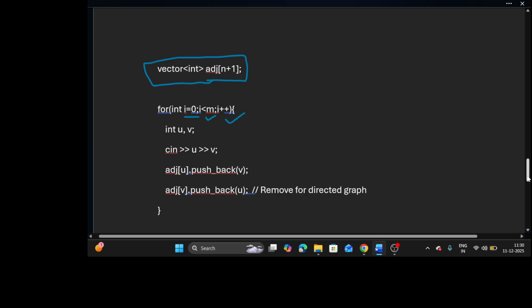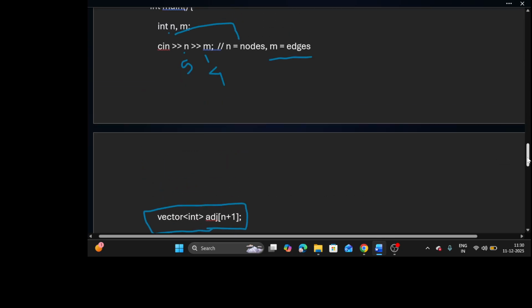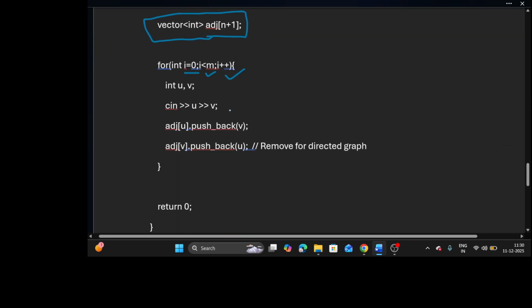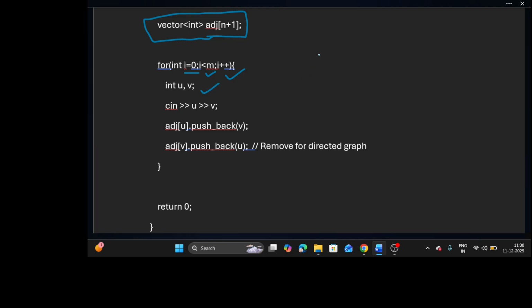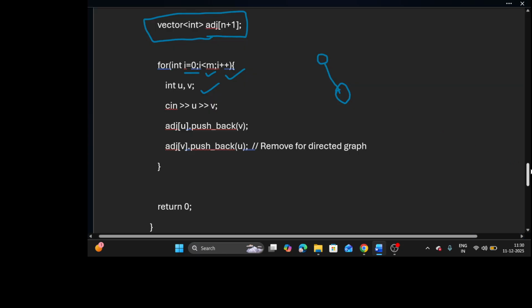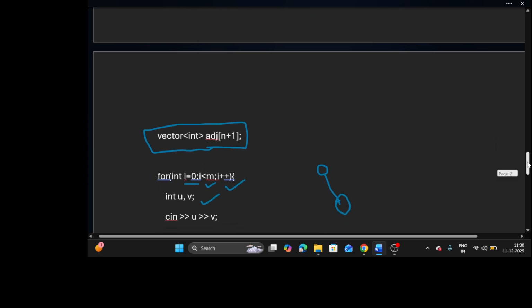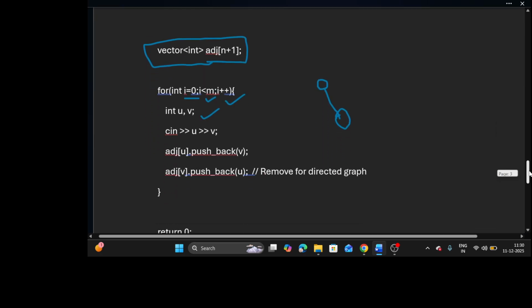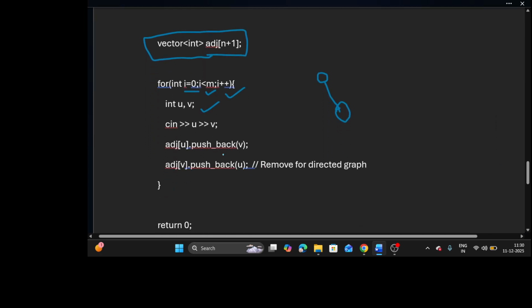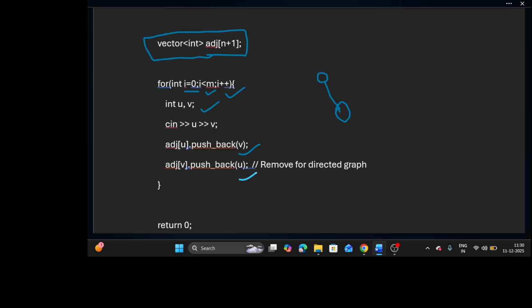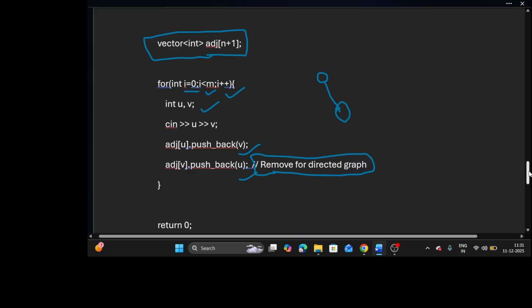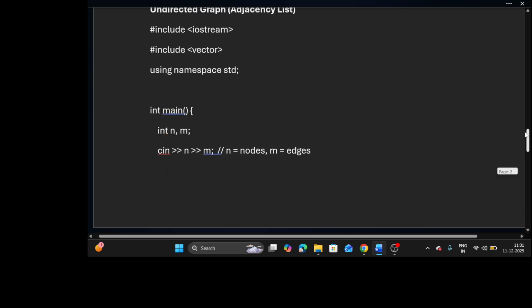Okay, m is our edges. int u, v, where u and v are nodes, and there is an edge. adj[u].push_back(v), adj[v].push_back(u). Okay, remove the second line for a directed graph. Here is return 0.